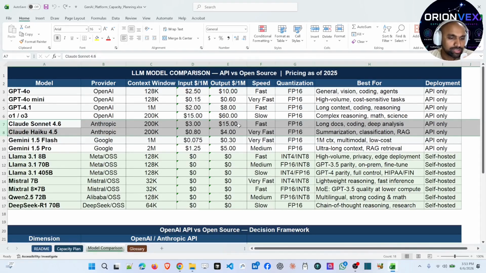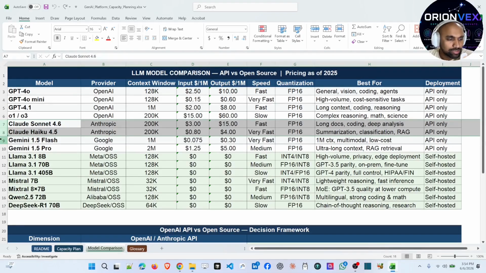Sonnet 4.6 is costing around $15 per 1 million tokens and $4 for Haiku 4.5. As for speed, Sonnet is fast, Haiku is a small model, it's very fast. The same quantization method, FP16, is used. Sonnet 4.6 we can use for long documents, coding, deep analysis and all. Haiku 4.5 for summarization, classification, retrieval-augmented generation and all.